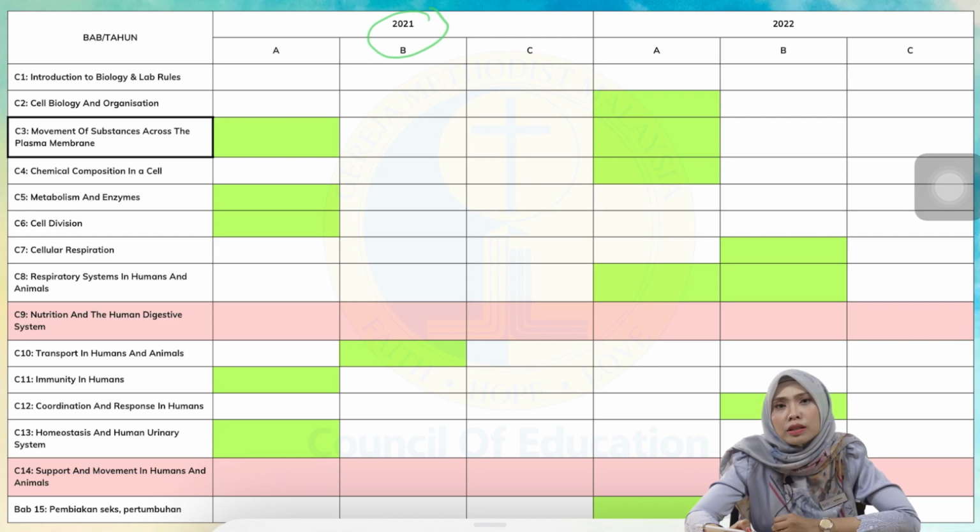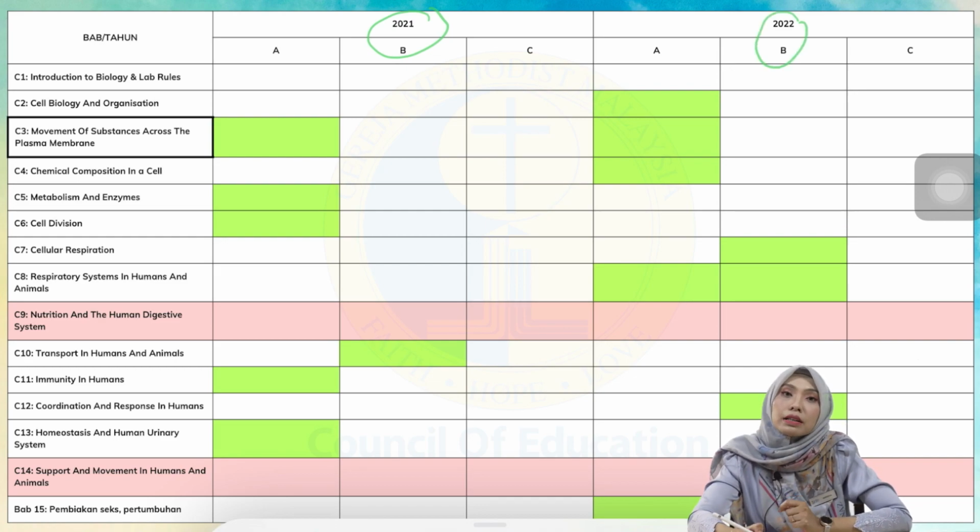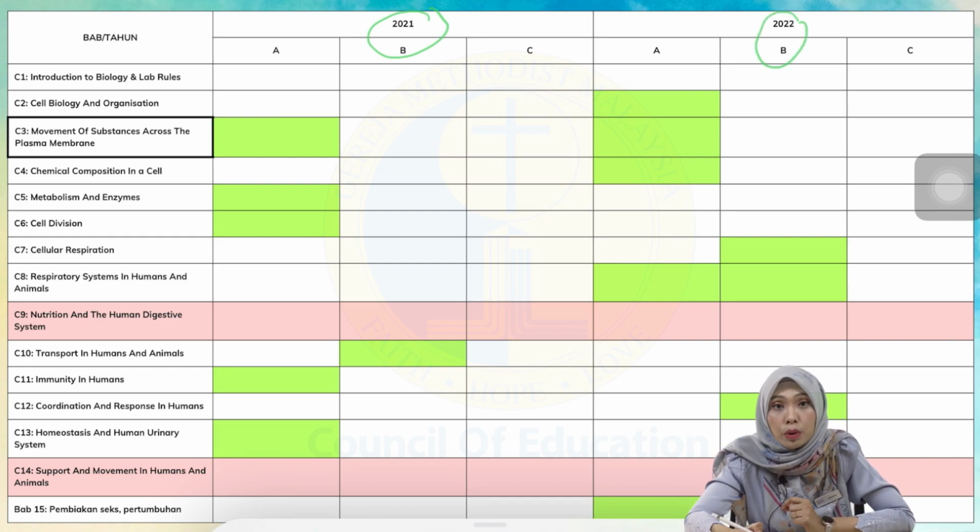Why did I start with the 2021 SPM questions? Okay, fine, I'll give the answer. Why SPM 2021 and SPM 2022? Because starting from SPM 2021, the format of the biology questions for Paper 1, 2 and 3 has been changed according to the latest and updated KSSM syllabus.